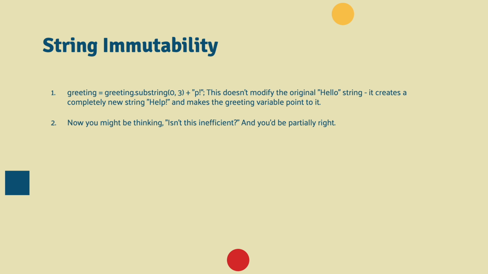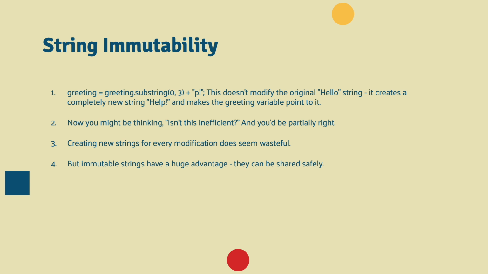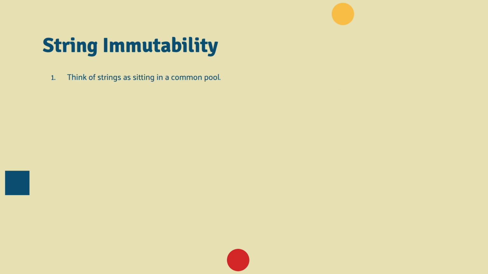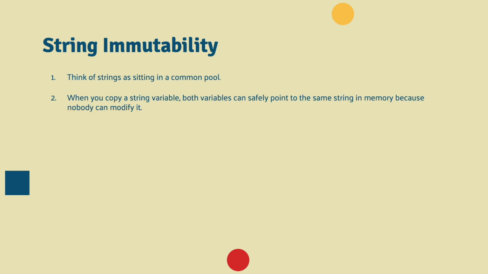Now you might be thinking, isn't this inefficient? And you'd be partially right. Creating new strings for every modification does seem wasteful. But immutable strings have a huge advantage. They can be shared safely. Think of strings as sitting in a common pool. When you copy a string variable, both variables can safely point to the same string in memory because nobody can modify it.